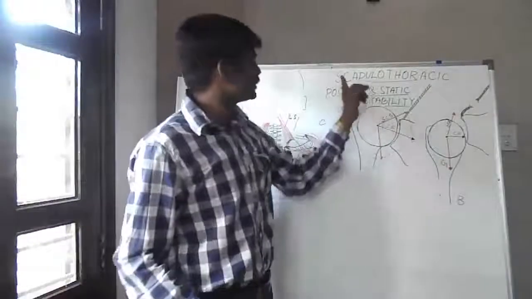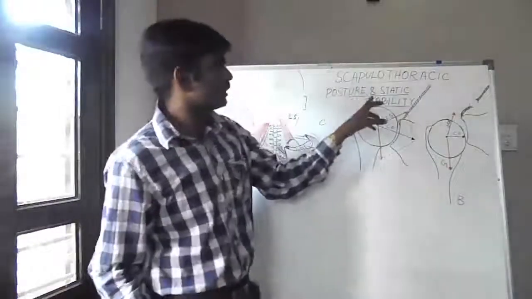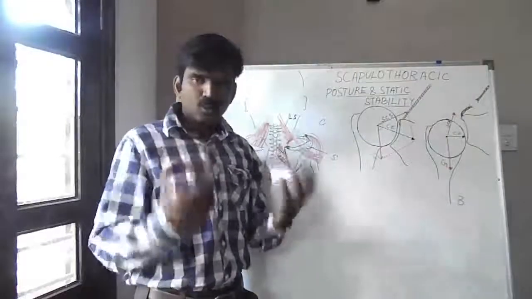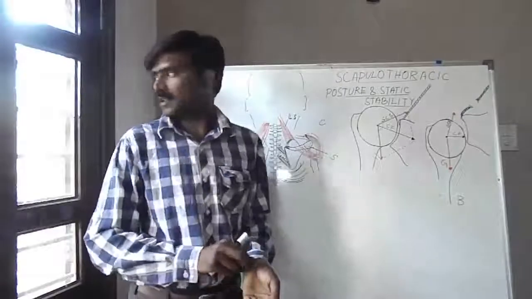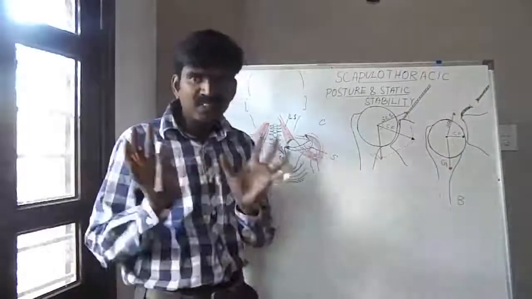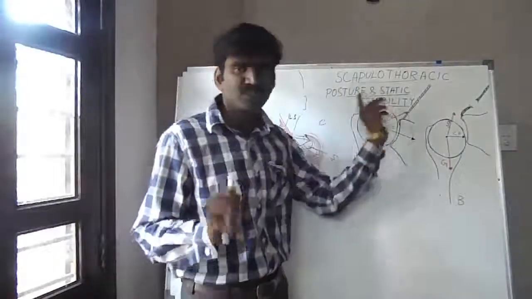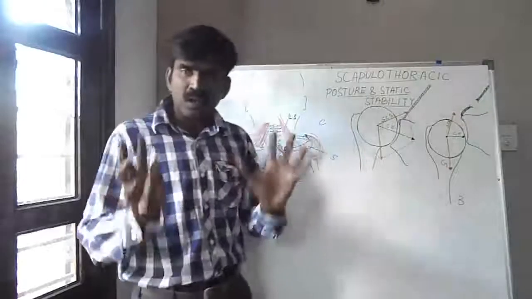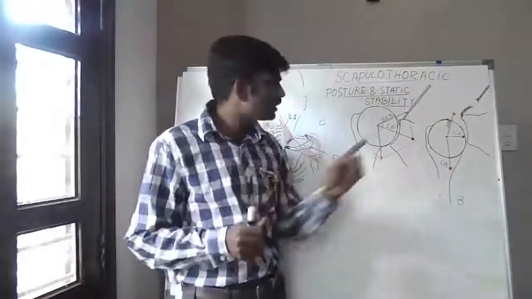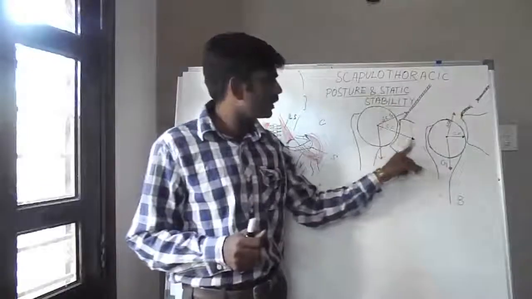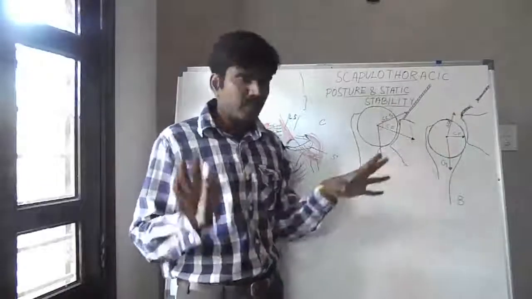So next, this diagram shows the role of scapulothoracic posture in maintaining the static stability of the glenohumeral joint. We know what scapulothoracic posture is. How does the scapulothoracic posture help in maintaining the static stability of the glenohumeral joint?